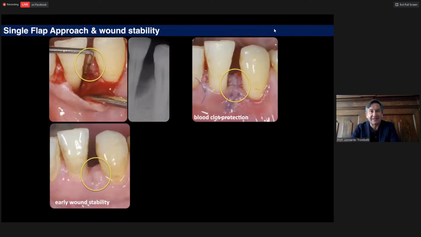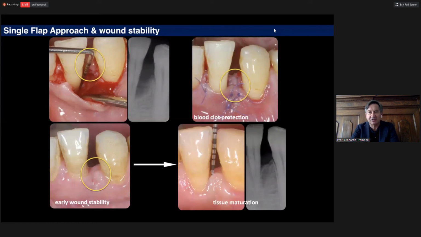Or another example, again mainly a one-wall defect. Again, we just provide blood clot protection by replacing the flap back with a single flap approach. You see at 2 weeks the wound stability. You can hardly see the incision line, and in the tissue maturation phase, a complete remineralization of this challenging lesion.